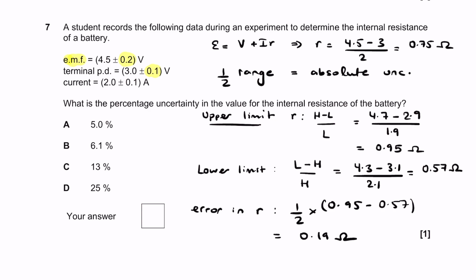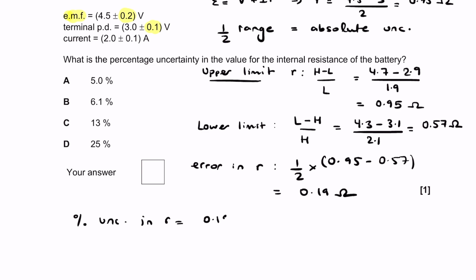And there I can finally work out the percentage uncertainty in R, which is 0.19 over the actual value of the resistance, which is 0.75, times 100, which gives me 25.3, and so the closest answer is D.